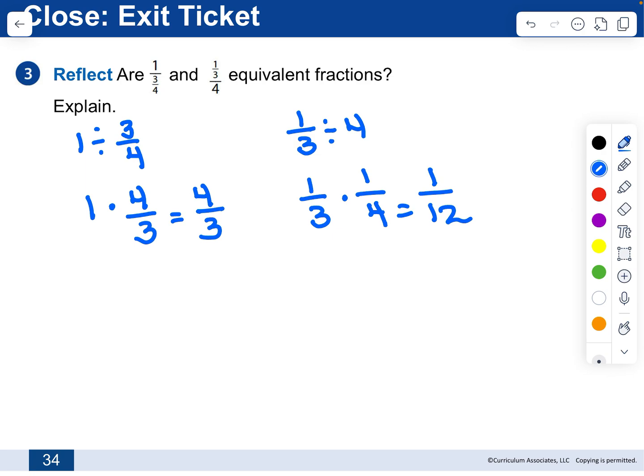Is 4/3 the same thing as 1/12? No, and the symbol means not equal to. So the answer is no. And our explanation is in our work.